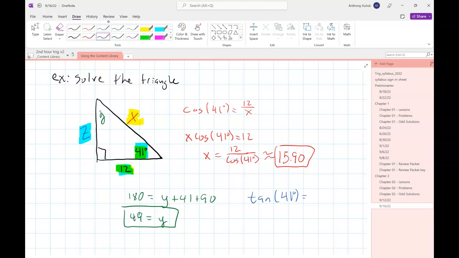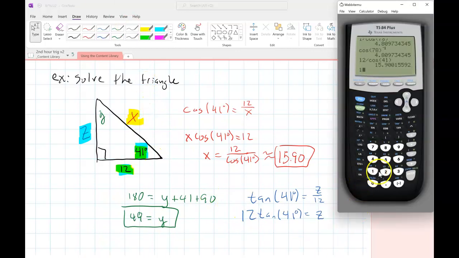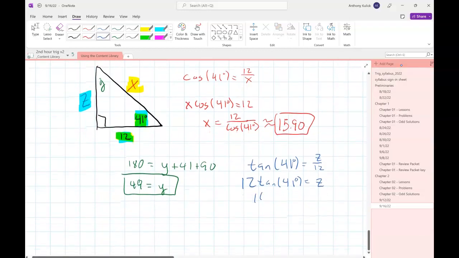I'd probably stay away from secant, cosecant, cotangent on these kinds of problems, because none of those buttons are on my calculator. I could use them, but it's not making my life any easier. So I would probably just stay away. I'll multiply both sides by 12 to get the z by itself, and then it's just calculator time. So I get 1043 or thereabouts.